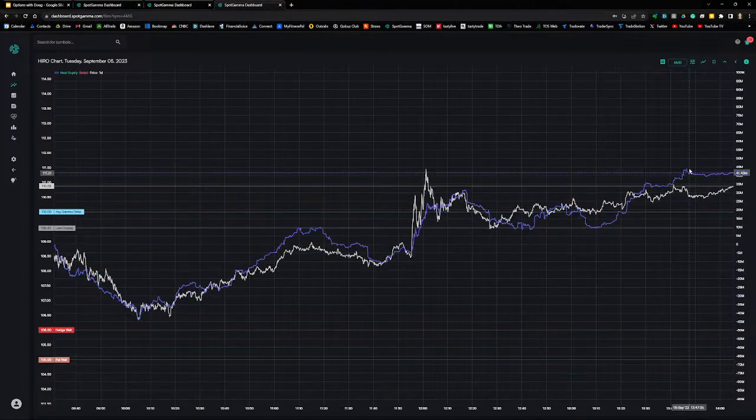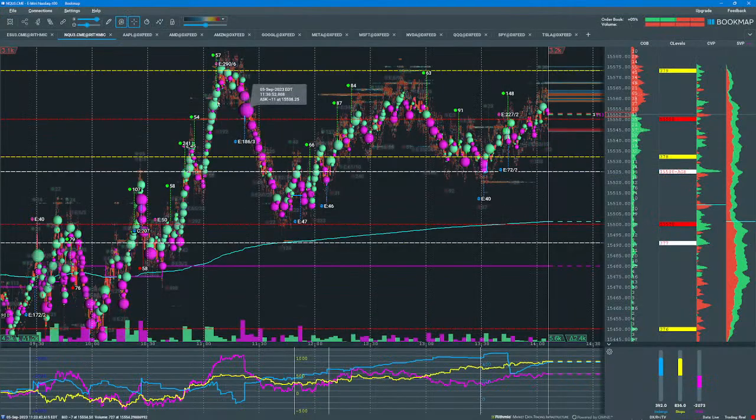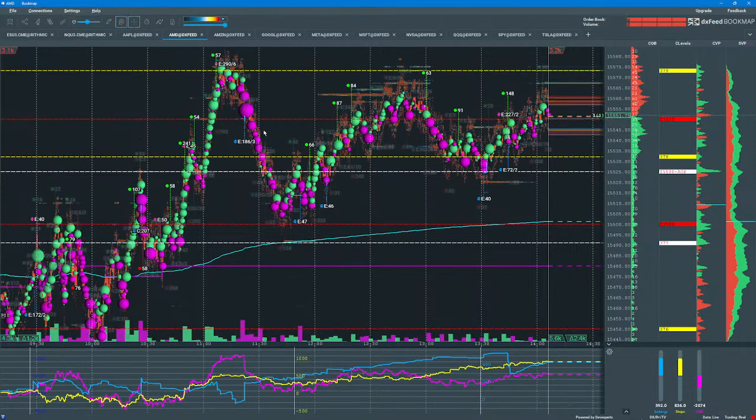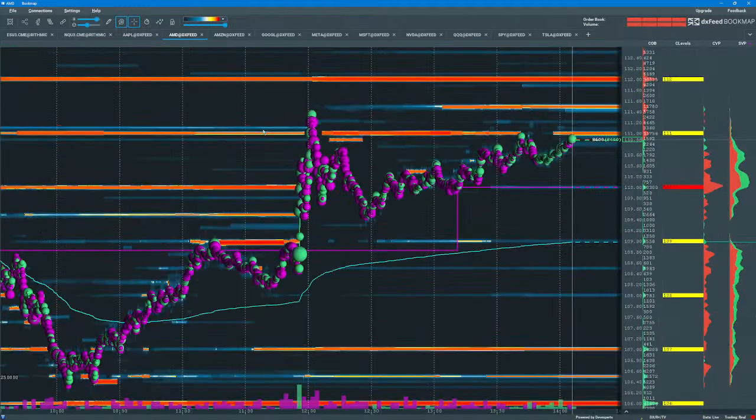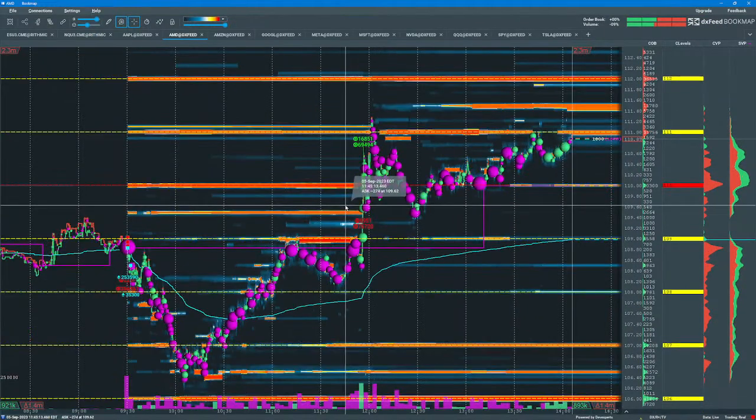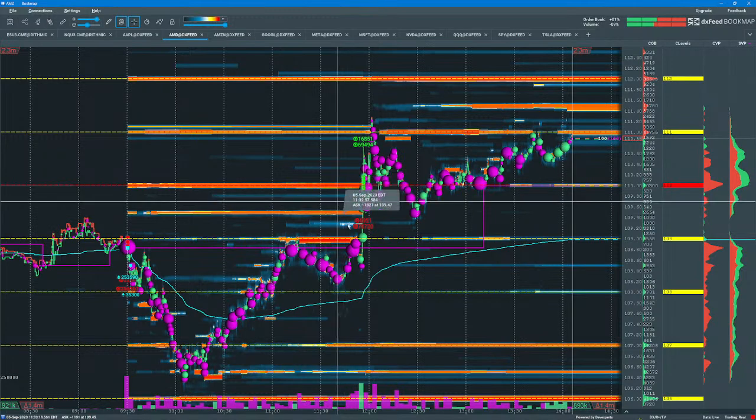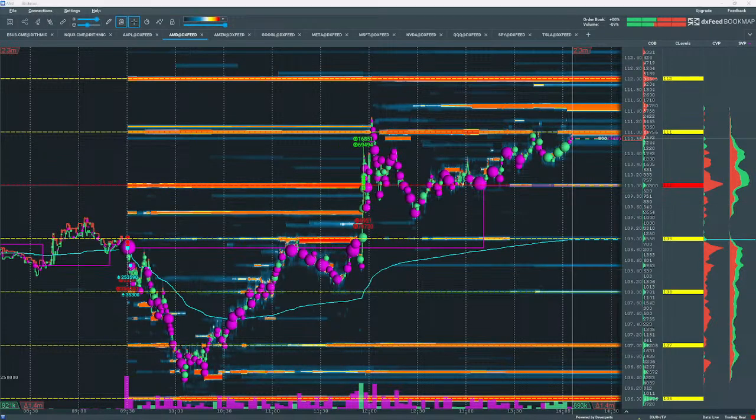Let's go take a look at Bookmap. And in AMD, we'll see that order flow, just looking at the volume dots, appears to be somewhat bearish. Notice all the magenta volume dots there. More sellers than buyers.